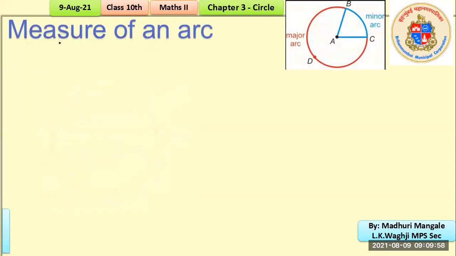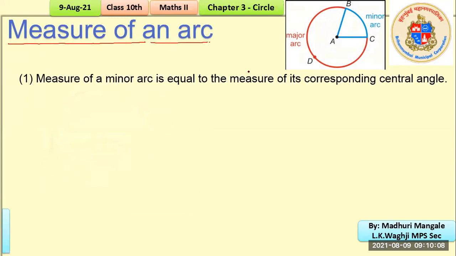Next, we are going to see how to find the measure of an arc. We are going to measure it in terms of degrees. There are three arcs: the minor arc, the major arc, and the semi arc. The measure of the minor arc is equal to the measure of its corresponding central angle.